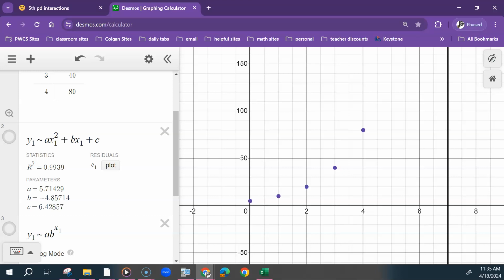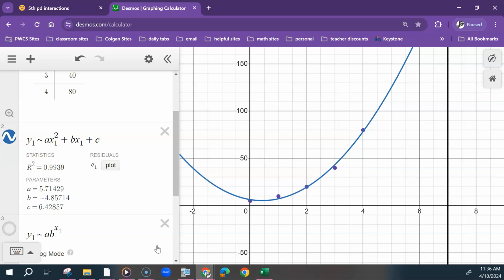Which one do we think this might be? Quadratic or exponential? Oh, exponential. Now I'm going to show you both of these because this would be an example where you might think it's the other. So if I did the quadratic first, this goes through a lot of those points.